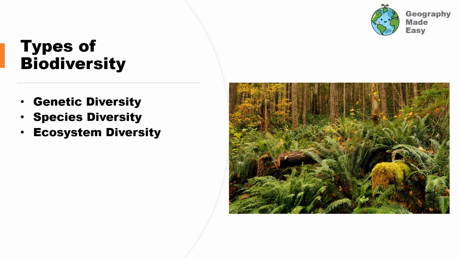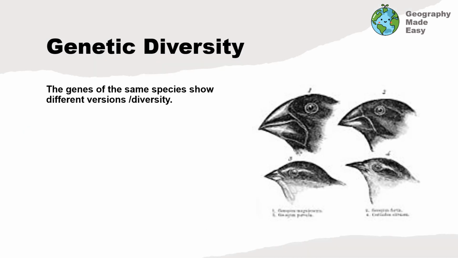We will try to understand what are the different types of biodiversity. There are three types of biodiversity. The first one is genetic biodiversity, the second is species, and the third is ecosystem. We will discuss each in the next slides. Genetic diversity is when the genes of the same species show different versions or there are many different types.